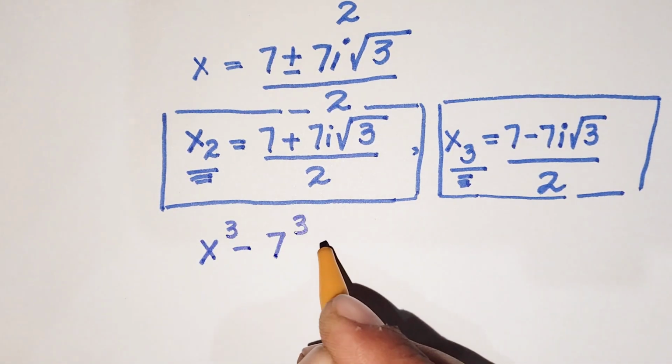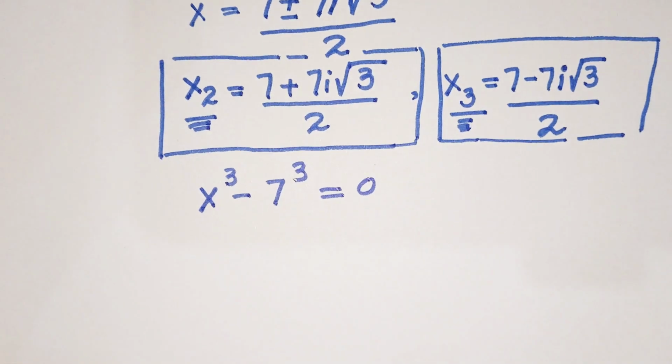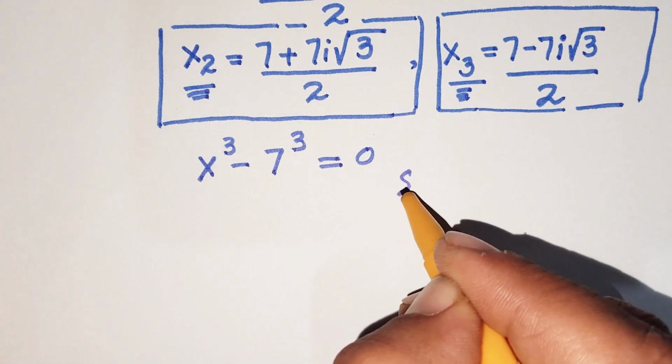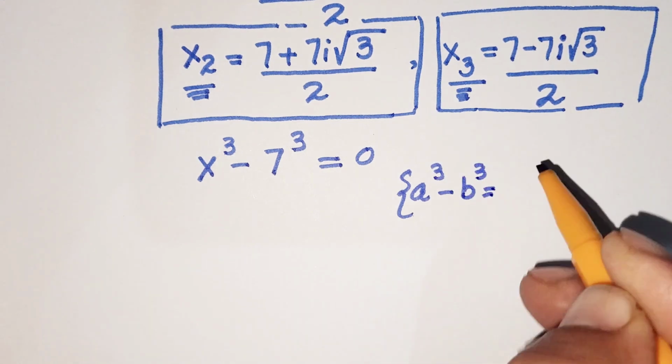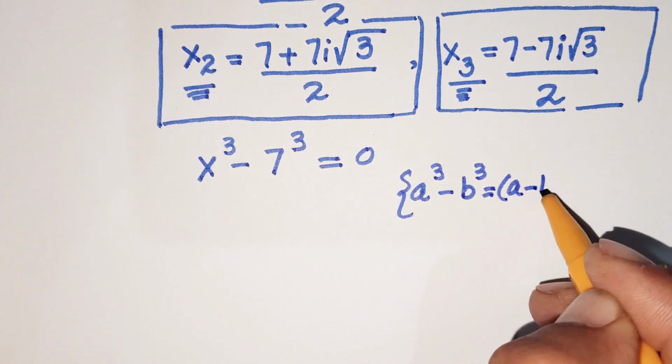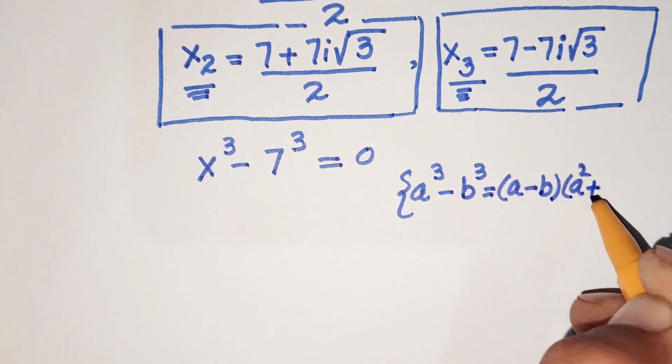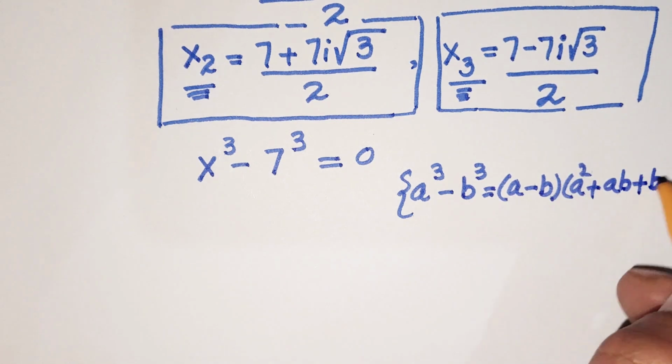Now using an algebraic formula, as we know that if we have a cube minus b cube, then it will be equal to a minus b times a square plus ab plus b square.